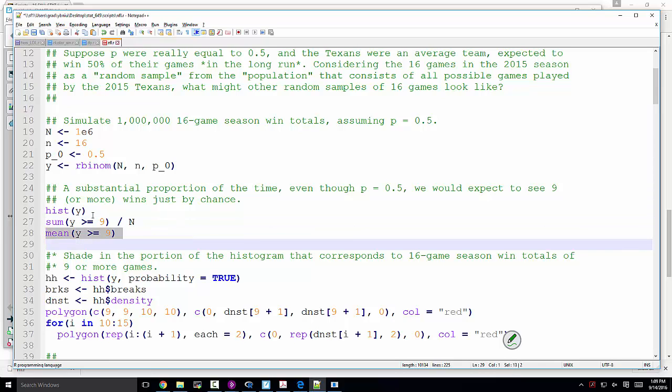Y greater than or equal to 9 is going to give me a bunch of trues and falses. If you try to do arithmetic with trues and falses in R, it will treat trues like 1s and falses like 0s. So when I sum up those trues and falses, I'm going to get the number of times that it was 9 or bigger. Either one of these will give me the same answer.